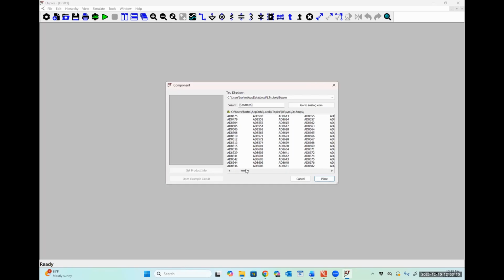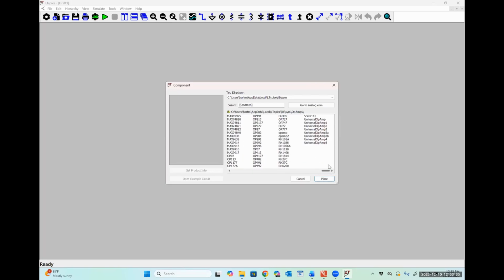Analog Devices bought out Linear Technologies, which is what the LT in LTspice stands for. So if we scroll over here, there's a ton of Linear Technology amplifiers also available to us. And then I think Maxim or Maxon, I don't remember exactly which one it is, but they pay to have their models already included in here as well.